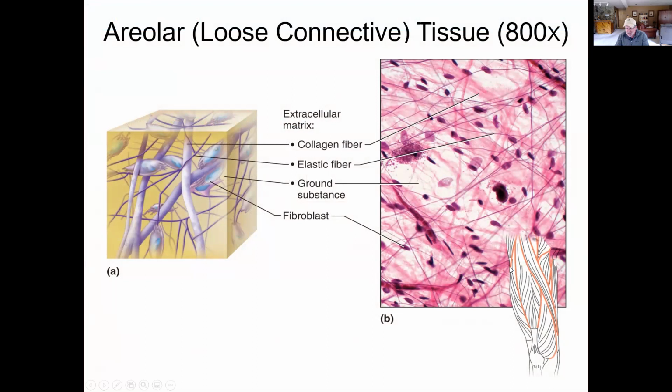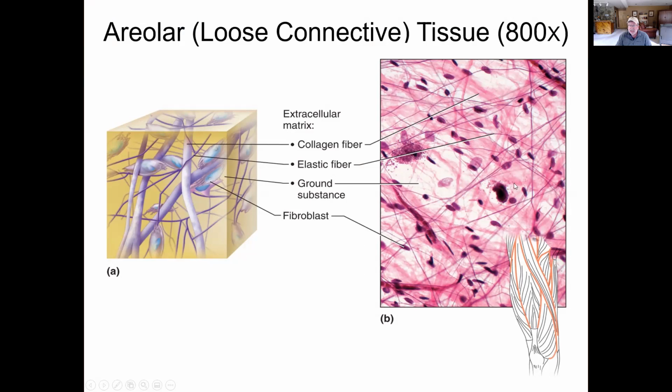Again, the book is doing a good job showing us where in the body we find this. So what do we have in areolar or loose connective tissue? Well, one thing to note is the presence of fibroblasts here, those star-shaped large cells. We can see some of these here, stained purple, although most of this is nucleus, but these cells are fibroblasts.